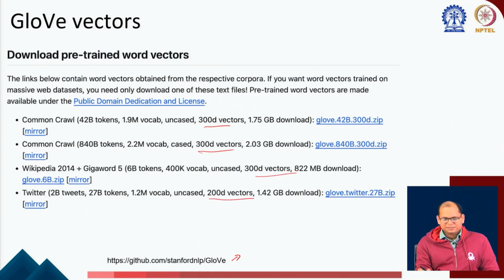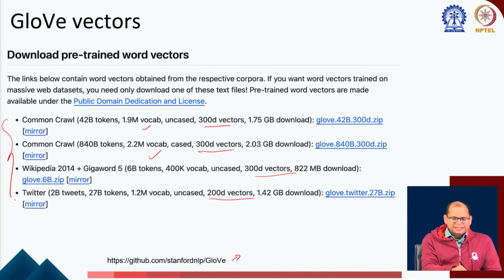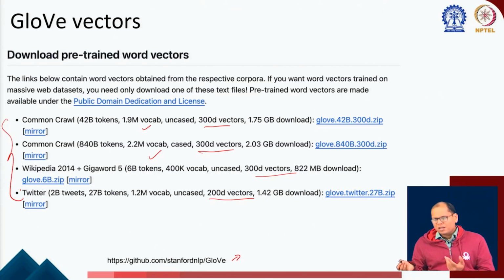You can see they are of different sizes depending on the vocabulary and the different data sources used for creating these word vectors. But they are all available for download. This is typically one of the best vectors that I use, GloVe 840 billion. But if you want a smaller size, you can also go for GloVe 42 billion. You can download these and play with them for various applications.